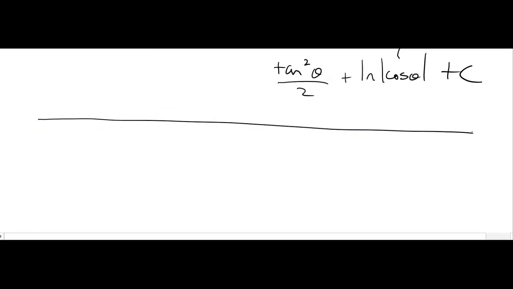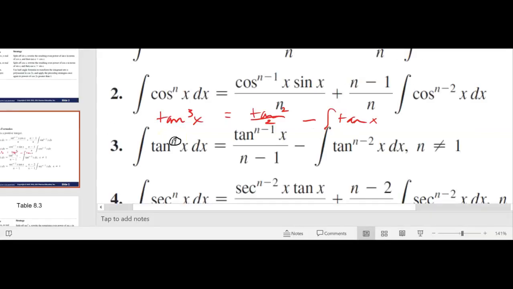So let's do tan to the 4th using the reduction formula. We'll stick with tan. So the integral of tan to the 4th theta d theta, using a reduction formula. Let me erase.